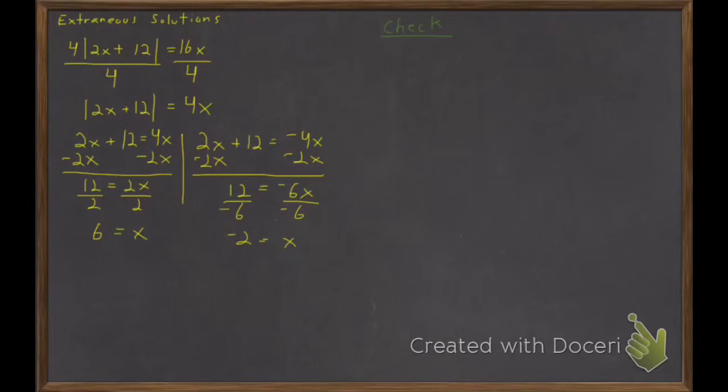So when we check, let's check x equals 6 first, and we get that the absolute value of 2 times 6 plus 12 equals 16 times 6.